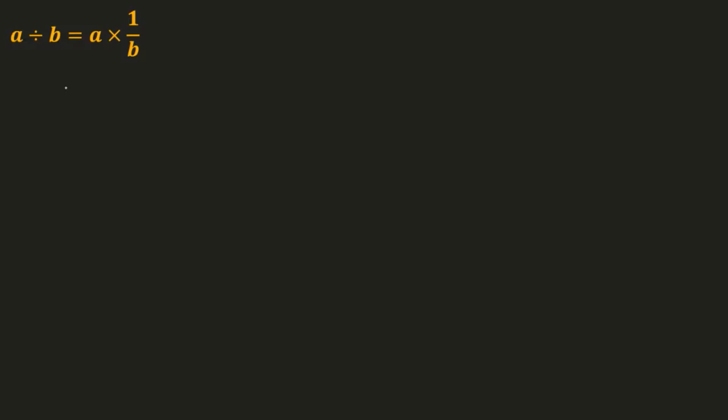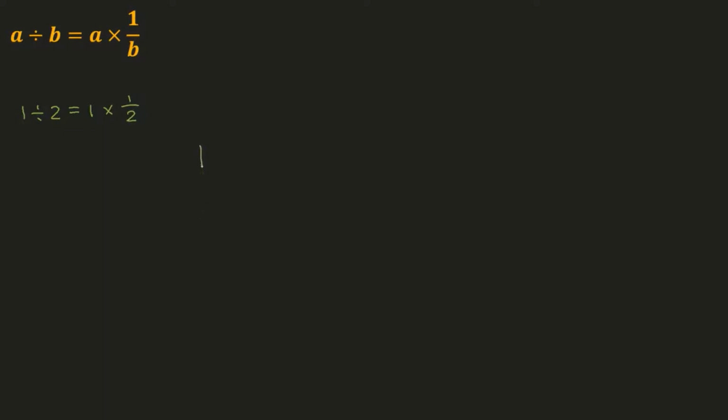So we learned that a divided by b, with b non-zero, is the same as a multiplied by 1 over b. So let's say that a is 1 and b is 2. So we have 1 divided by 2, which is equivalent to 1 multiplied by 2's reciprocal, which is 1/2.